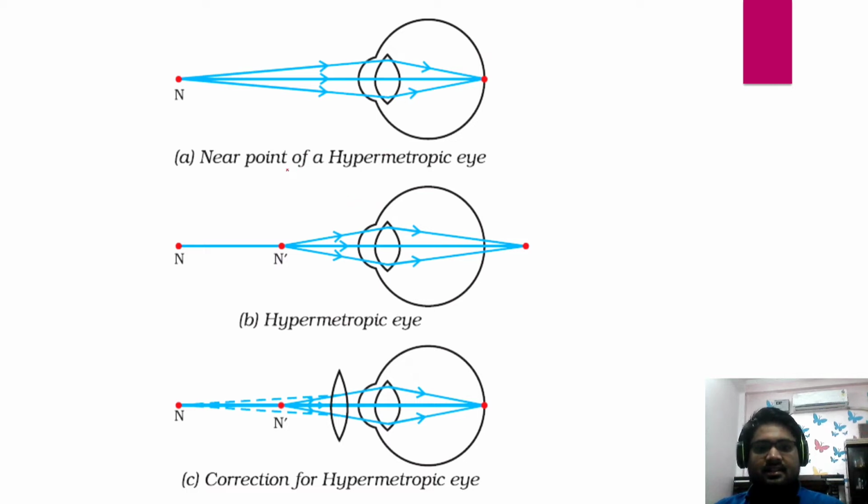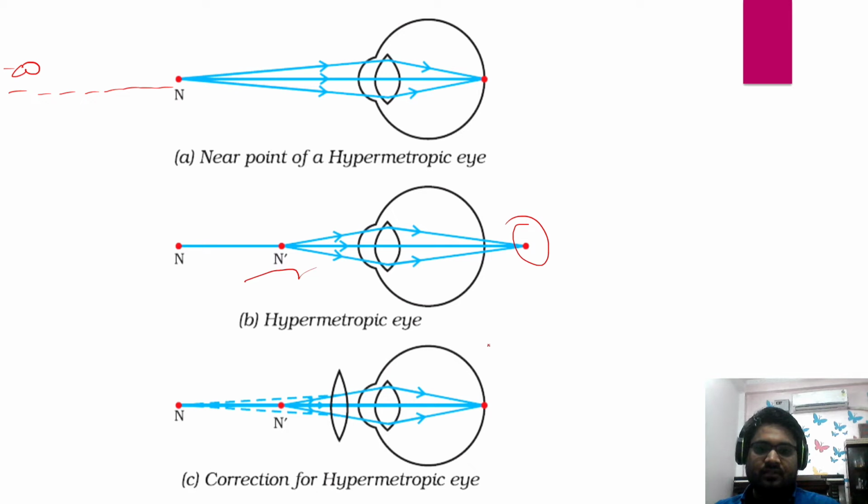So in the first, we have a near point from which rays of light are coming and converging at the retina. Now in hypermetropia, a person can see the faraway object. That means from infinity to the near point, a person can see the object. But if you place the object below the distance of the near point, the image starts forming beyond the retina, and here the person cannot see.